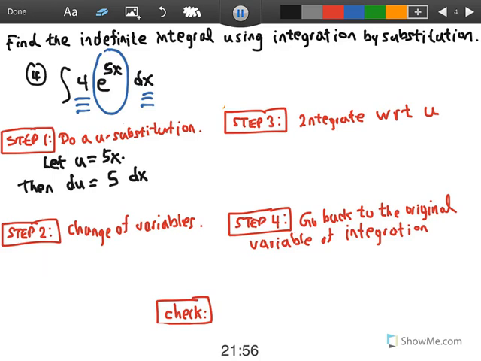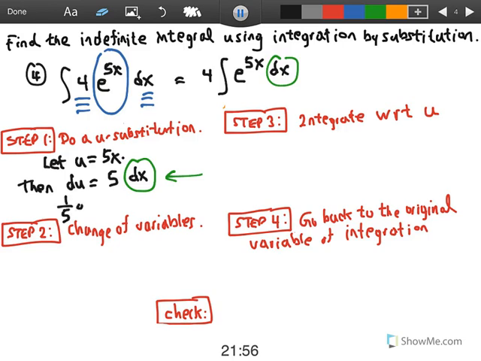Let me write our original problem as follows. We can factor the 4 out of the integral, and we will have 4 times the integral of e to the 5x dx. So all we have to do is take care of the dx. And we can do that by taking this equation and multiplying both sides of the equation by 1/5. So we have 1/5 du is equal to dx.